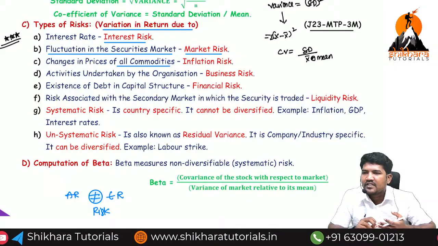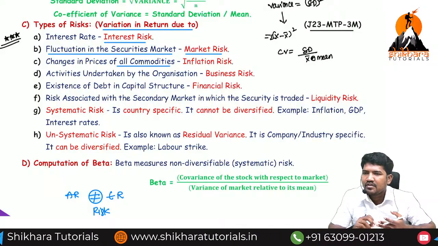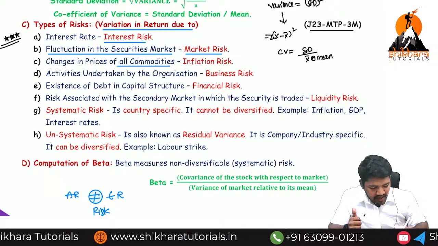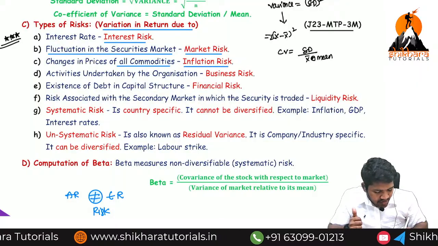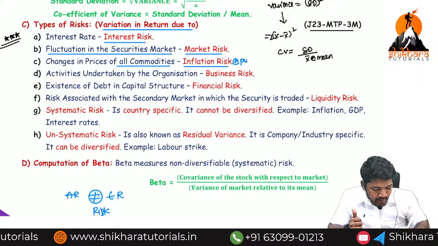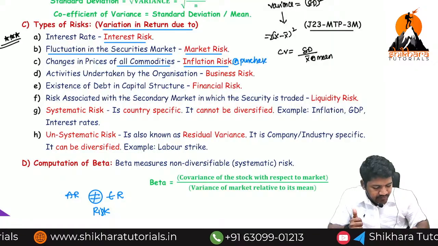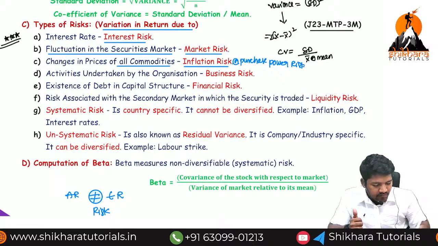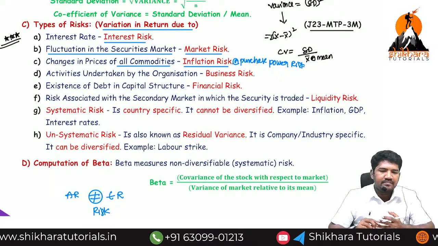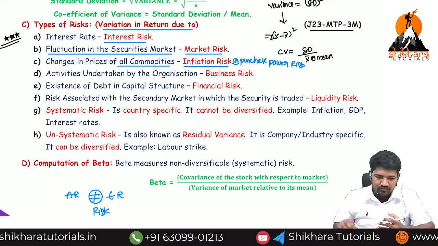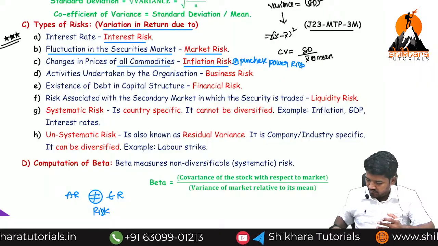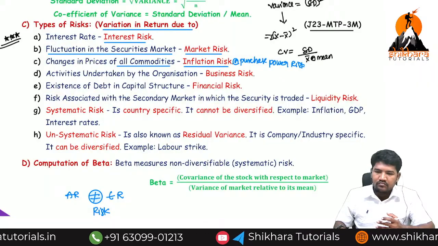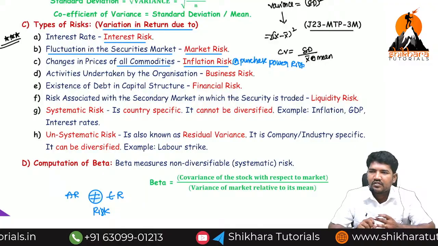Due to inflation also your actual outcome is not the same as expected outcome. That risk is known as inflation risk or purchasing power risk. Purchasing power risk. Guys, clear?